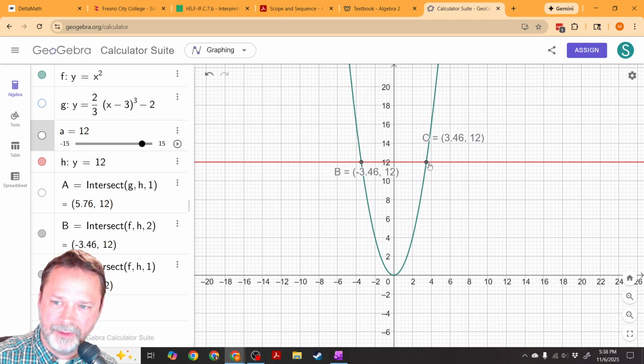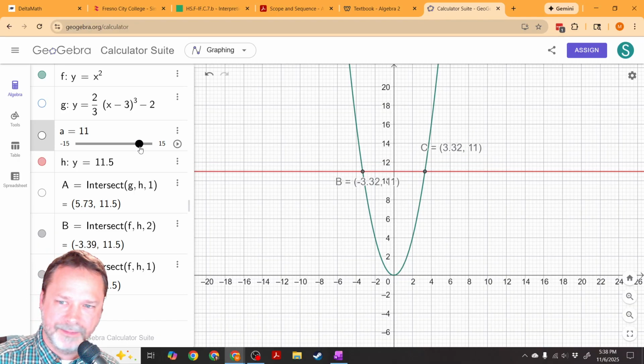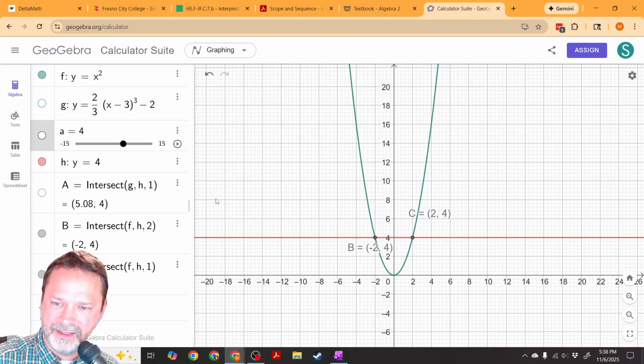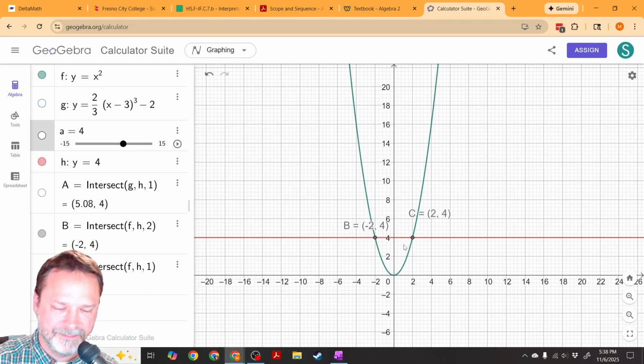When y is 12, there are two values for x: about -3.46, and its positive counterpart. Let's pick another nice value: we've got (-2, 4) and (2, 4). So the same y value doesn't imply the same x value. This is not a one-to-one function.